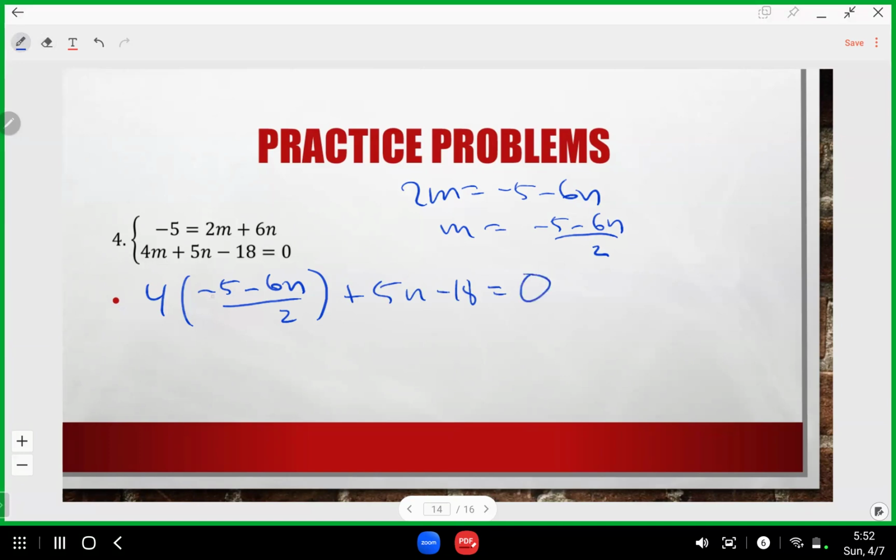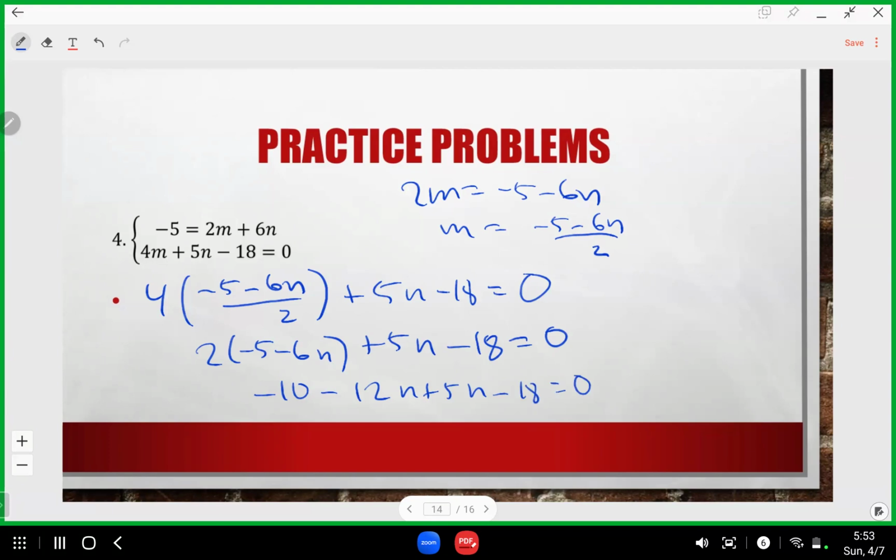And we have 2 times negative 5 minus 6n plus 5n minus 18 is equal to 0. We have negative 10 minus 12n plus 5n minus 18 is equal to 0. And let's see, we have negative 7n is equal to 28. Therefore, n is equal to negative 4.